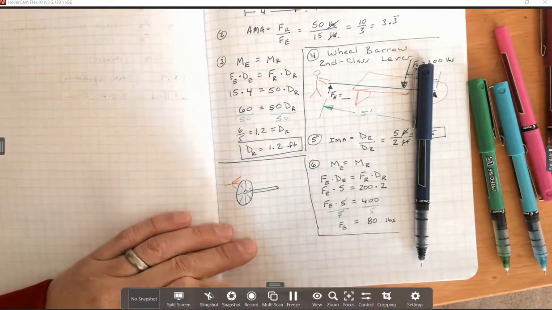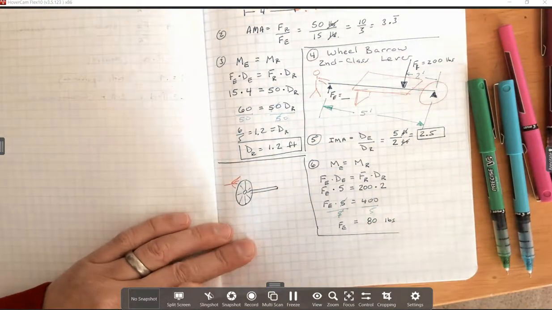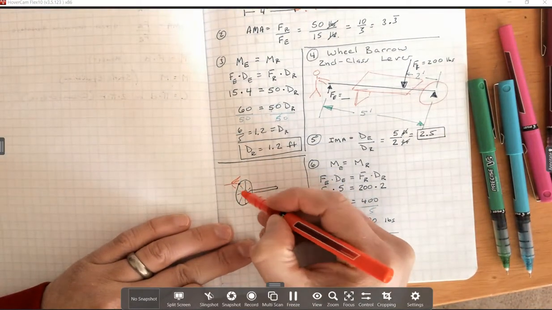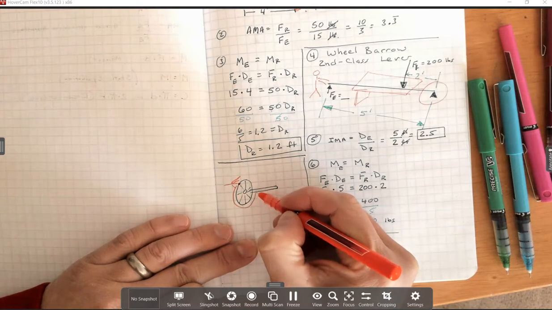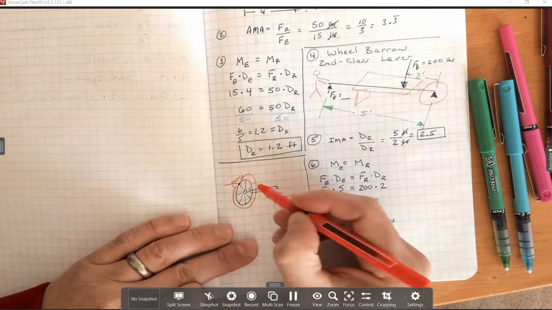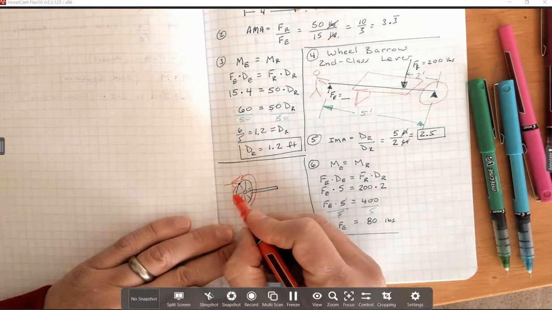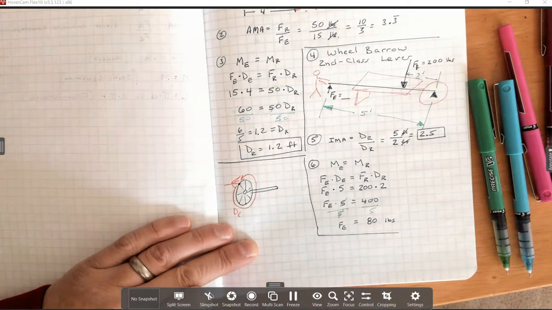Forgive my chicken scratch, but they're going to use their hand to provide effort, and in space they're going to grab onto a point of the wheel, and then they're going to operate the wheel. They're going to rotate it, and as they rotate it, their hand travels in this circular motion. So the distance that their hand traveled through space is what we really want to measure in terms of measuring the distances.